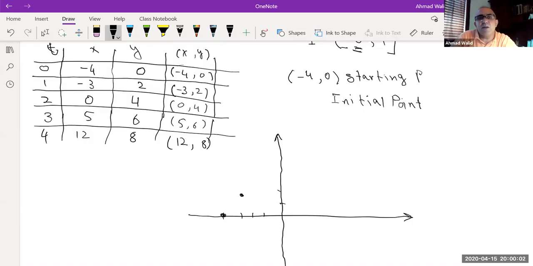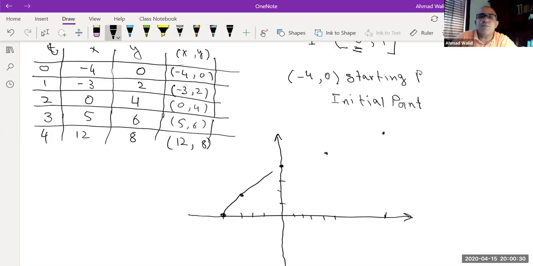Then I have 0 and 4, somewhere here. Then I have 5 and 6, somewhere here. And last one, I have 12 and maybe 8 somewhere here.